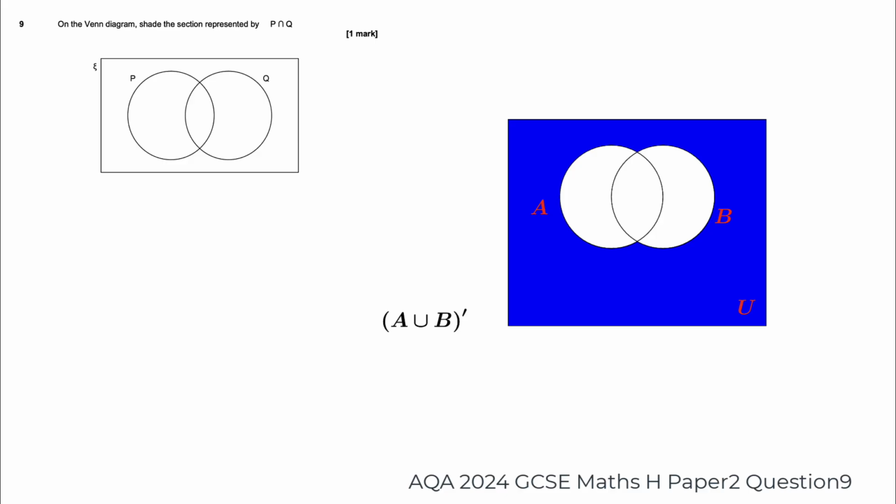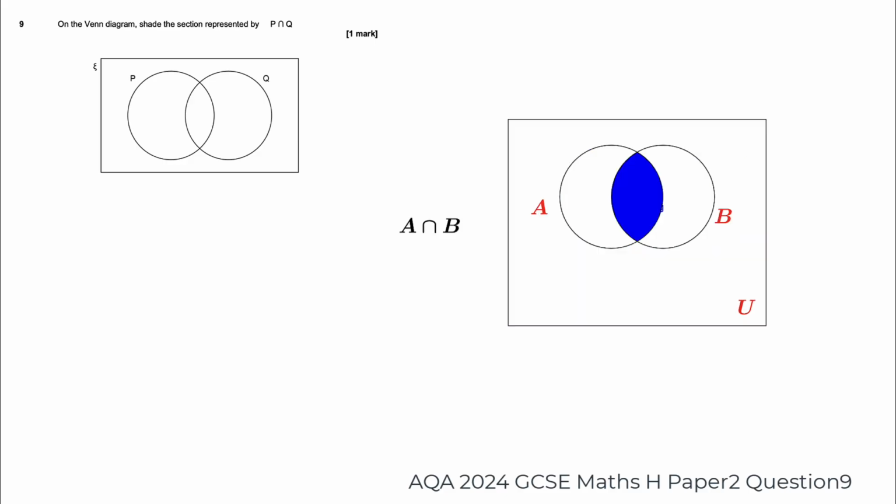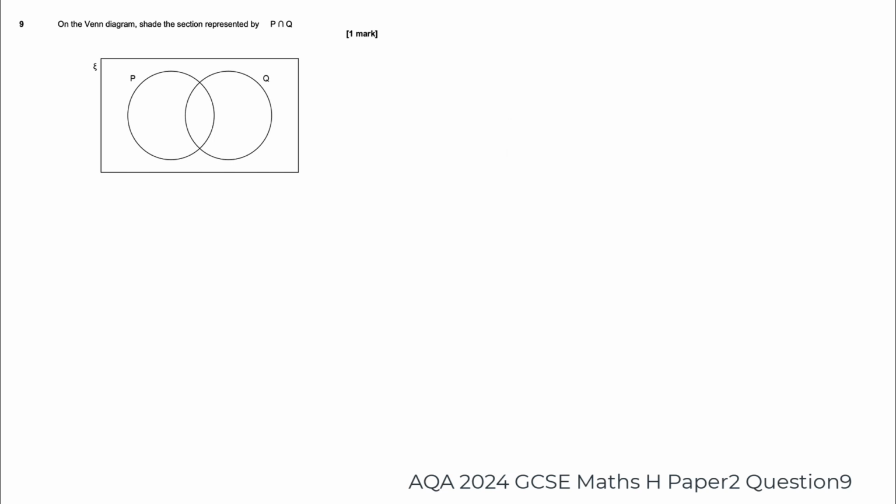Anyway, what we're after are the things that are in A that are also in B. That's A intersection B. So we want these members of P that are also members of Q. They're in P and Q. That's P intersection Q.